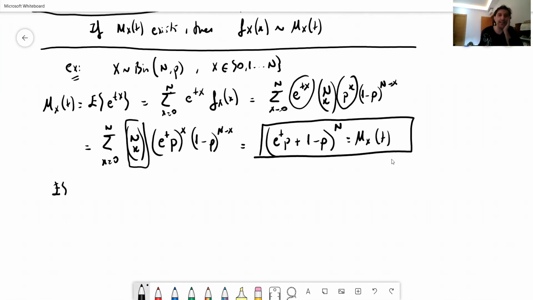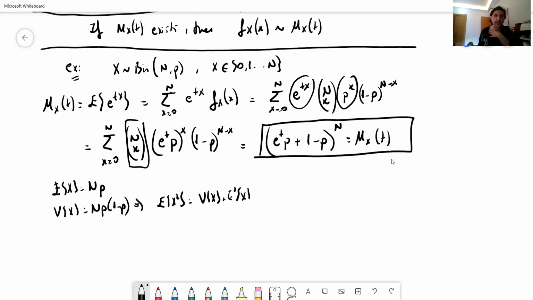So remember that the expected value of a binomial random variable is n times p, and the variance of a binomial random variable is n times p times 1 minus p. But actually, let's convert this to the expected value of x squared, which is the second moment of the binomially distributed random variable. This is going to be variance of x plus expected value squared. So this is equal to n squared p squared plus np minus np squared.